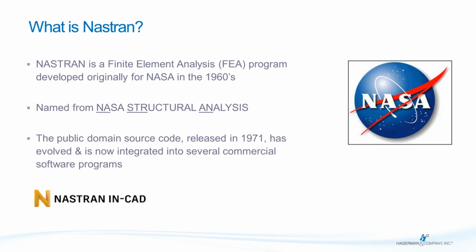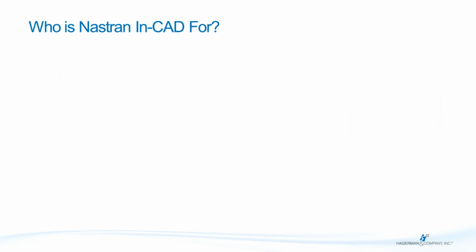NASA is not a commercial organization, so that software went into the public domain. It was released in 1971, and a number of companies have taken access to that source code. Autodesk is one of those companies, and so now Autodesk is able to offer Nastran right within CAD, and that's what the name means, Nastran In-CAD.